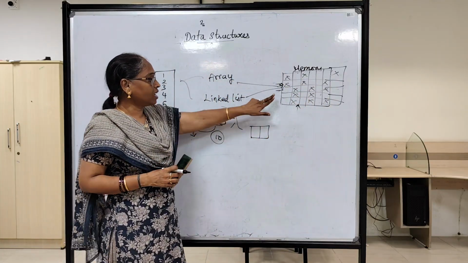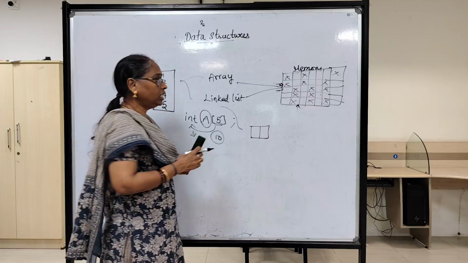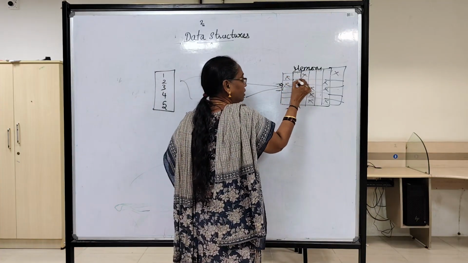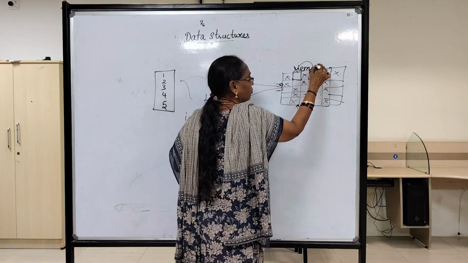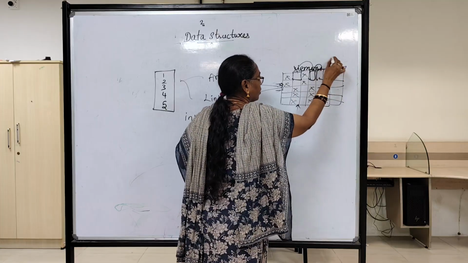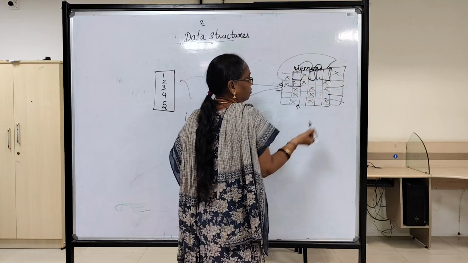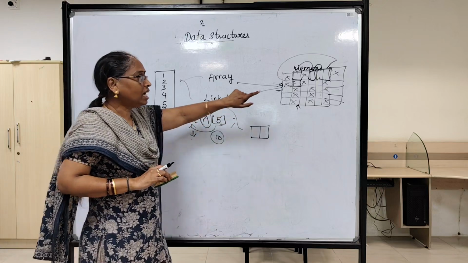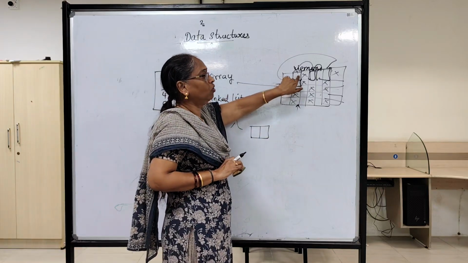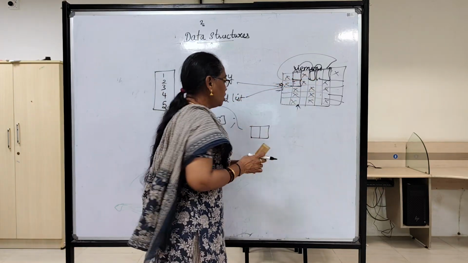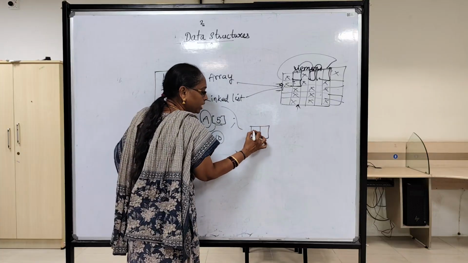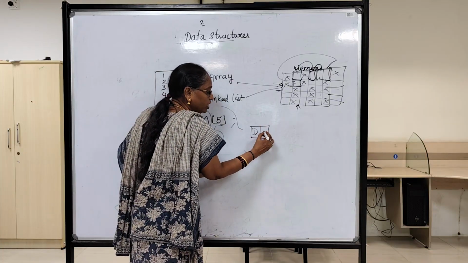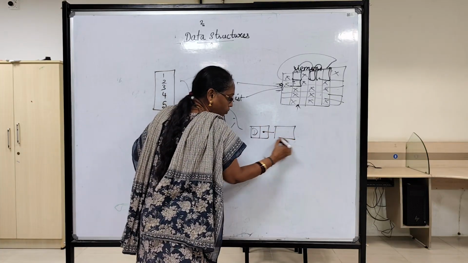So in that case, I can go with this linked list. What it will do, it will link all the free memories and it will allow us to store the data, but not in a continuous manner. But there is a link from one location to another location. So here I will be having my data. Here I will be having the address to the next node.